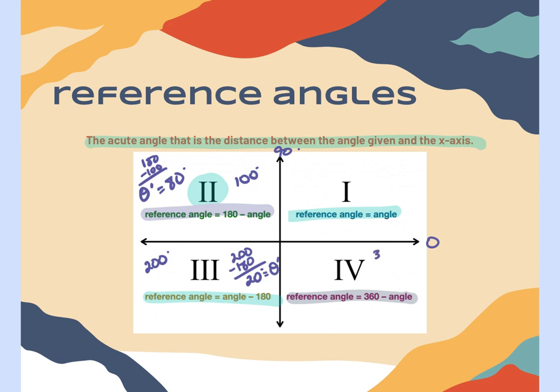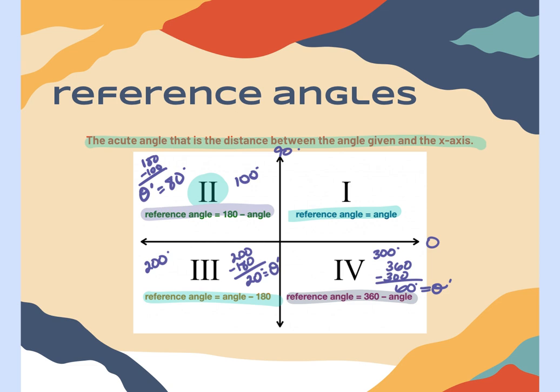So if I had 300 degrees, my reference angle would be 360 minus 300, which is 60 degrees. So the first thing you're going to do is figure out which quadrant it's in, then use the rule for that quadrant to find the reference angle, and then set up your triangle from there.